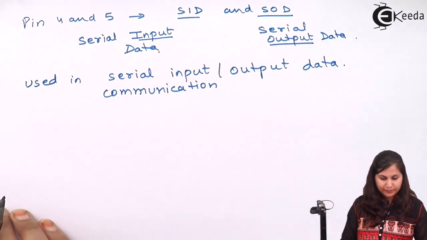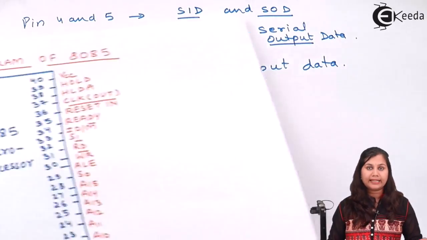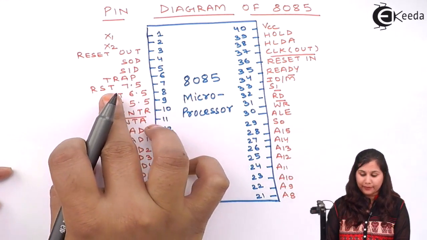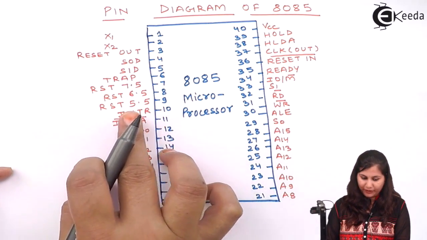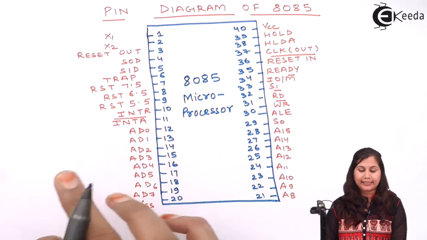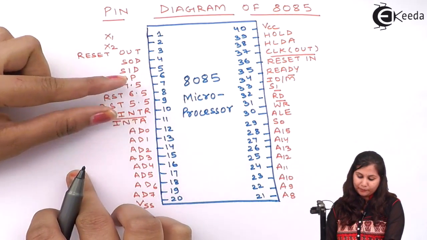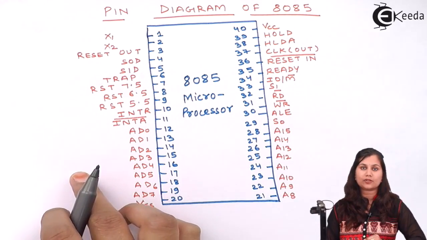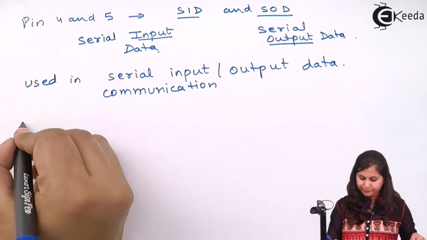Next we have pin number 6 to pin number 11. Pin number 6 is TRAP. Then we have RST 7.5, 6.5, 5.5 and INTR, INTA. These signals from pin number 6 to 11 are used in the interrupt process of the 8085.